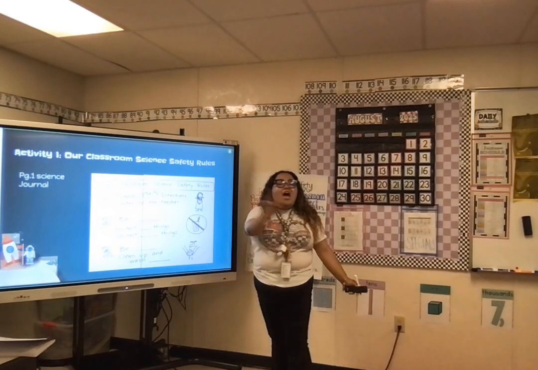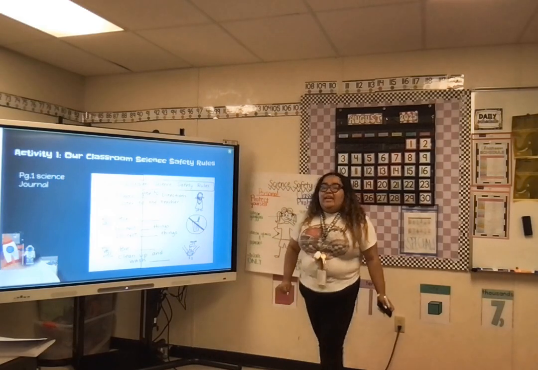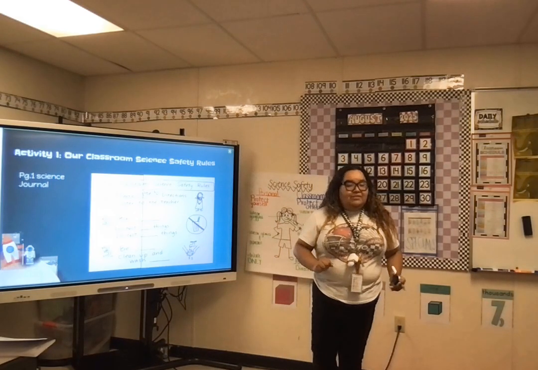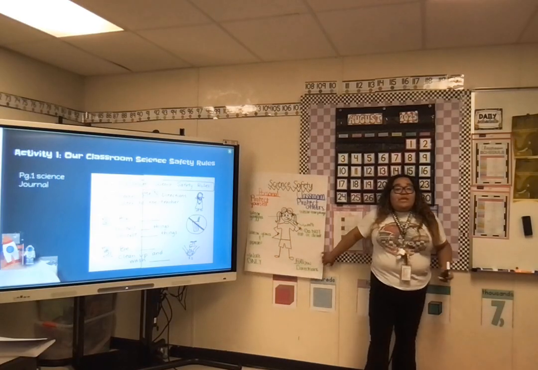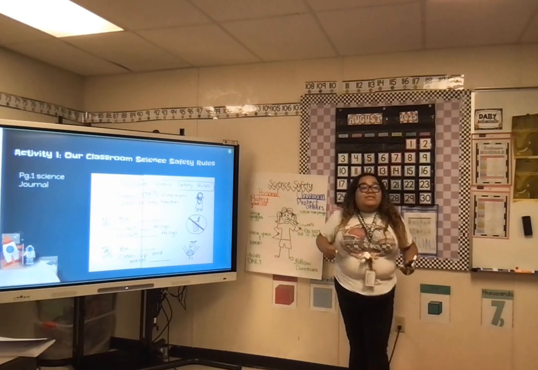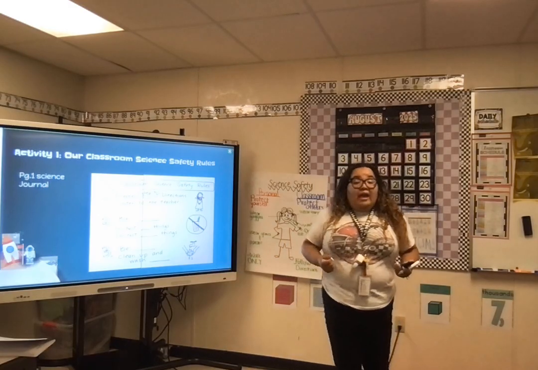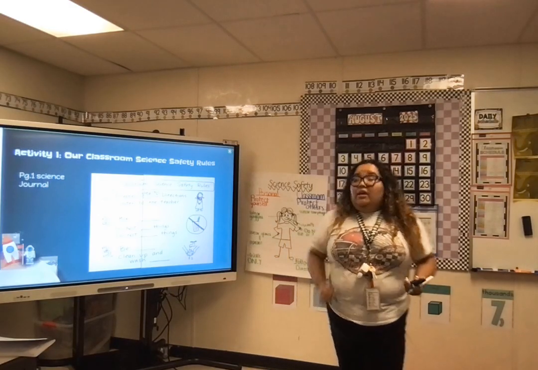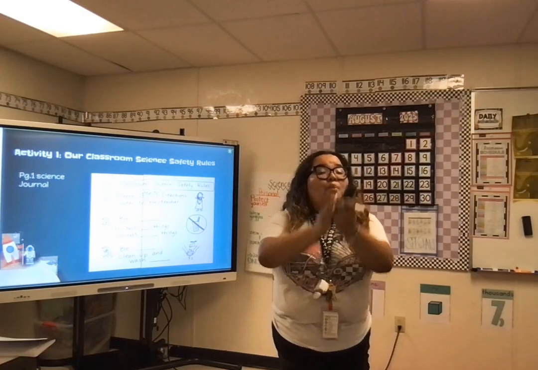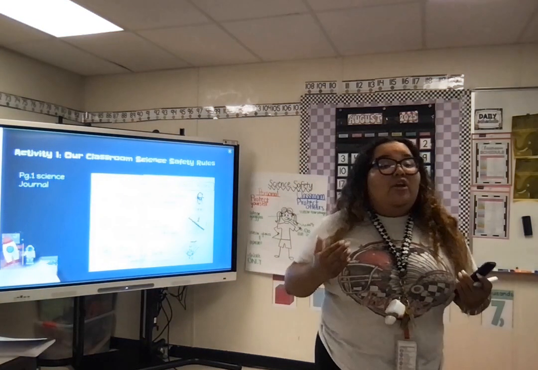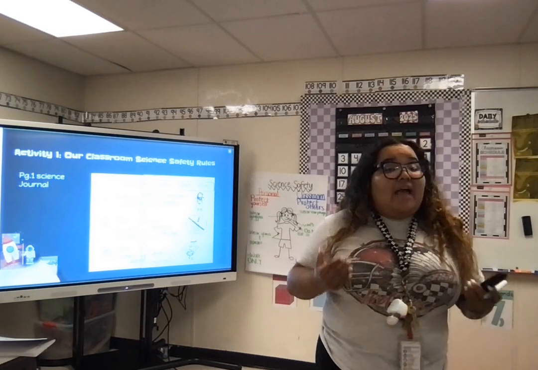That we're not allowed to drink and eat. And wait, hold up, guys. We talked about this before in our science safety poster that we did all in a class together to make our rules and expectations. What we're doing here is our personalized one, so we can go back and look at our classroom science safety rules.